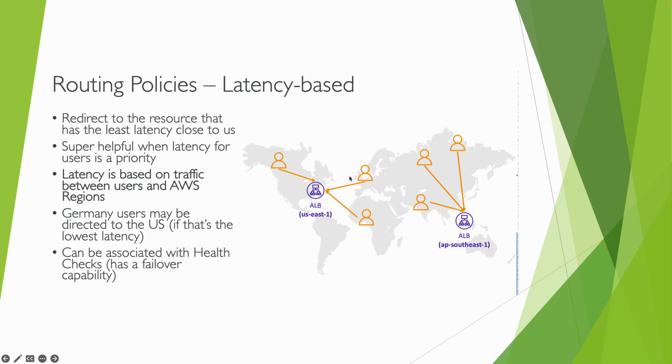Based on the geographical region of the request, it will route to the instances. Say Germany users may be directed to US if that's the lowest latency. So if the German users are using this, they will be redirected to this instance instead of AP South 1 because this has less latency when compared to AP South 1.